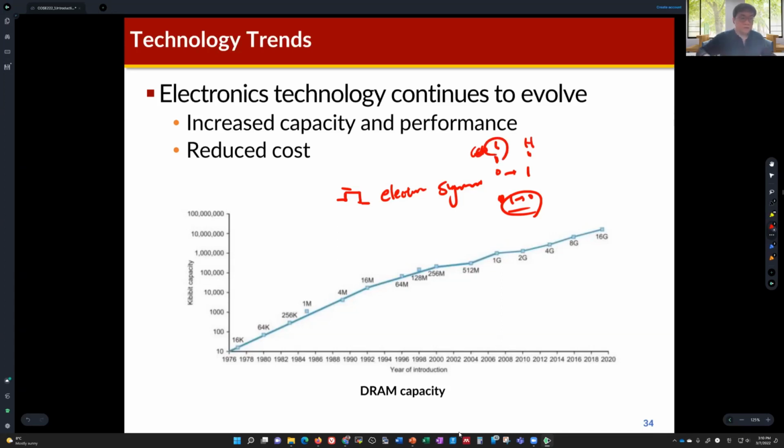So if the signal is changed, then the electric voltage swings from high to low or low to high. But after some delay, after some time, the electric signal changes from low to high or high to low.